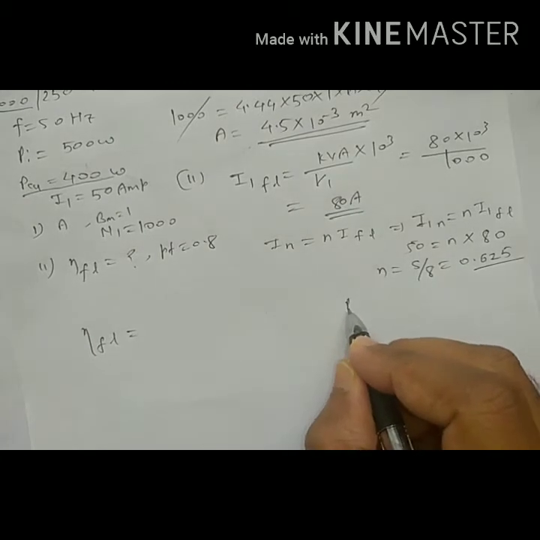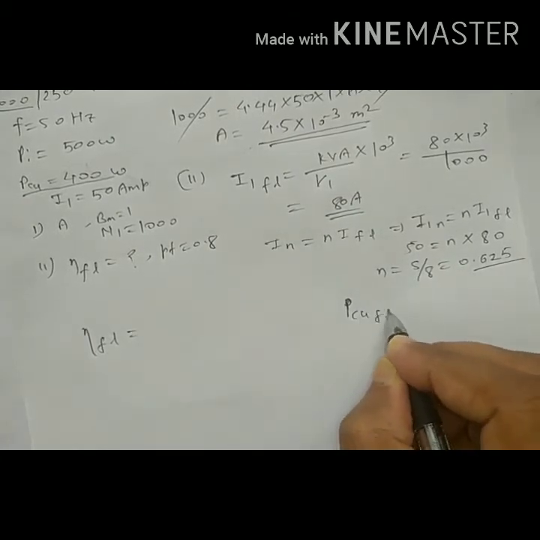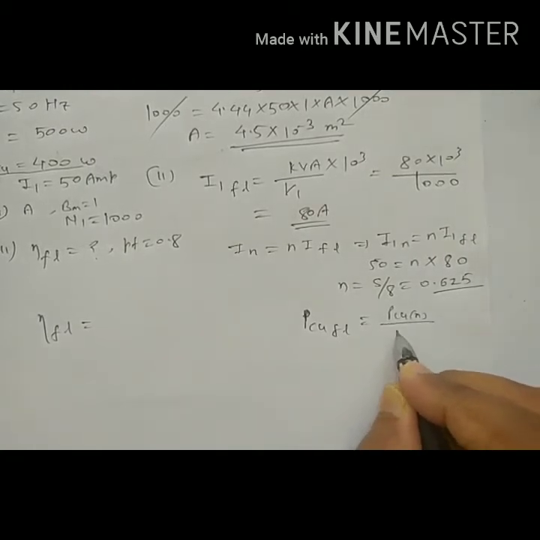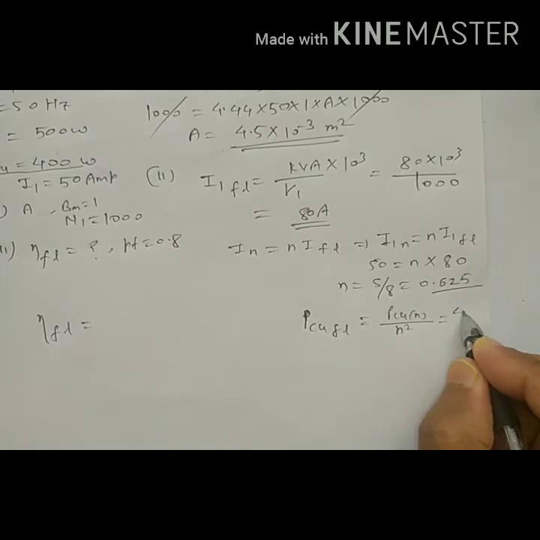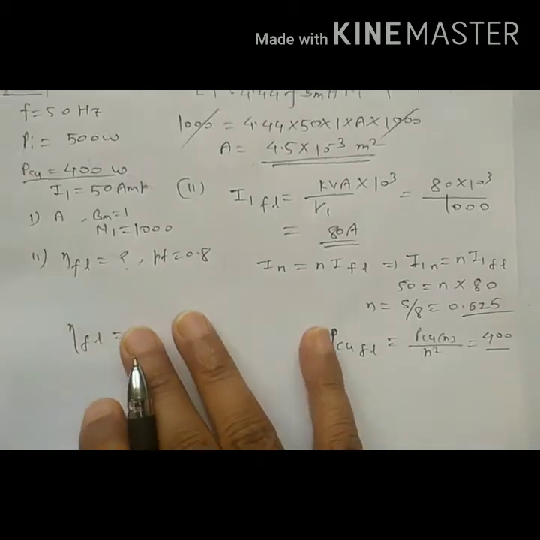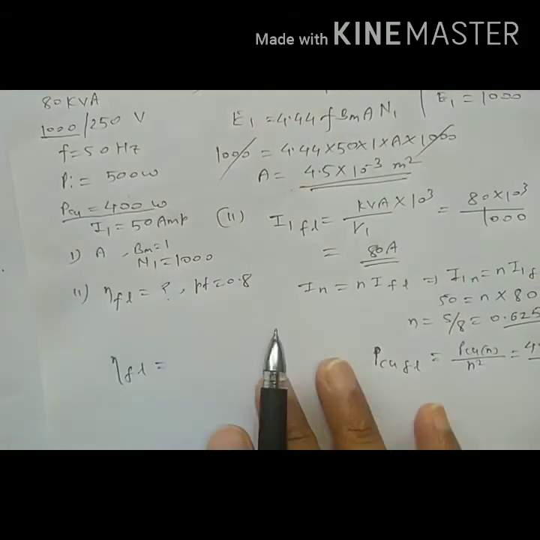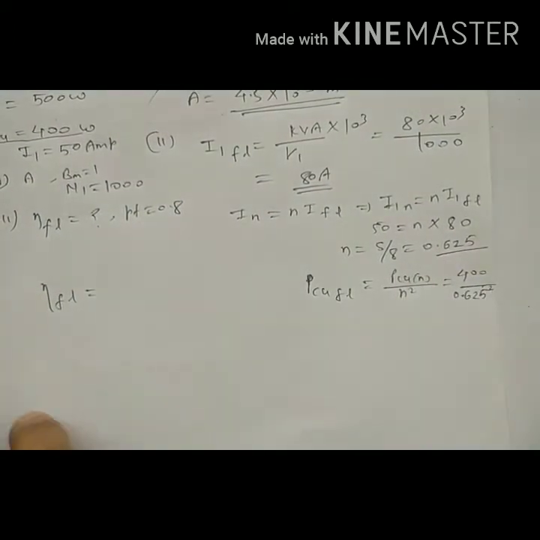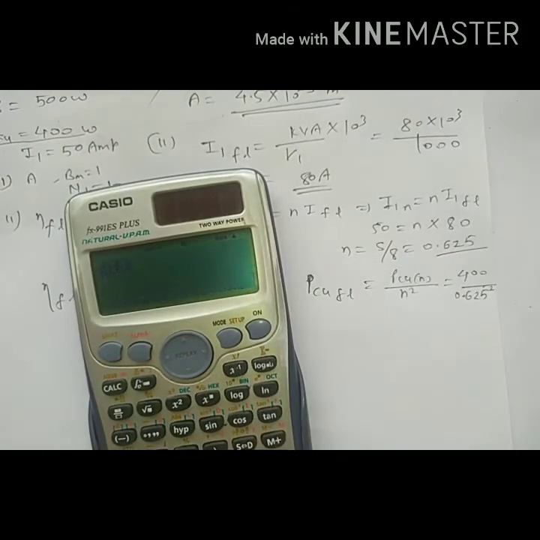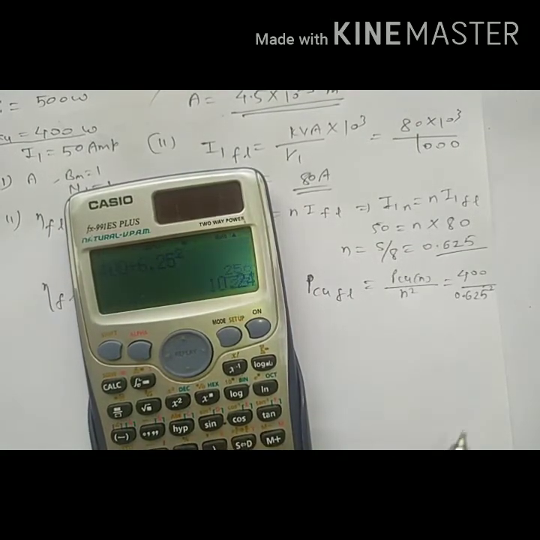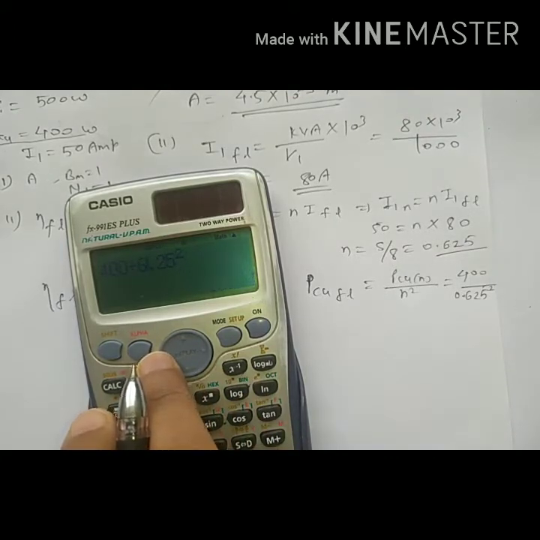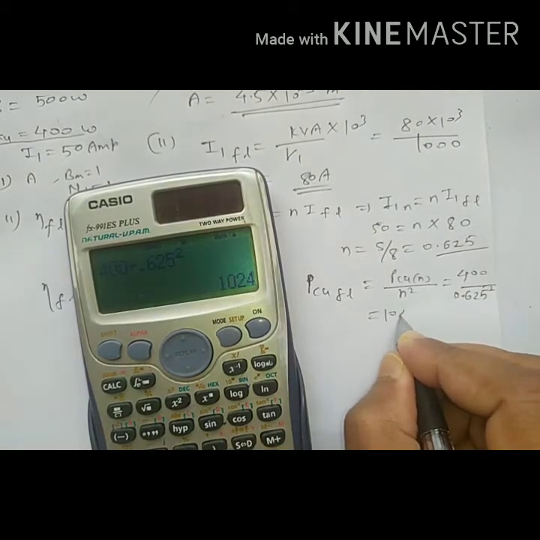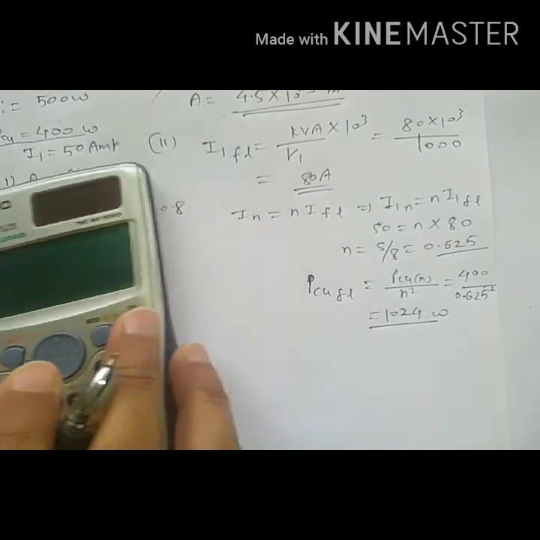Therefore, efficiency at full load can be calculated. Before that, find out copper loss at full load. So what is the formula? Copper loss at fractional load is N square times full load copper loss. Copper loss is given as 400 at fractional load, divided by 0.625 whole square. So it comes as 400 by 0.625 whole square, that is 1024 watt, right?